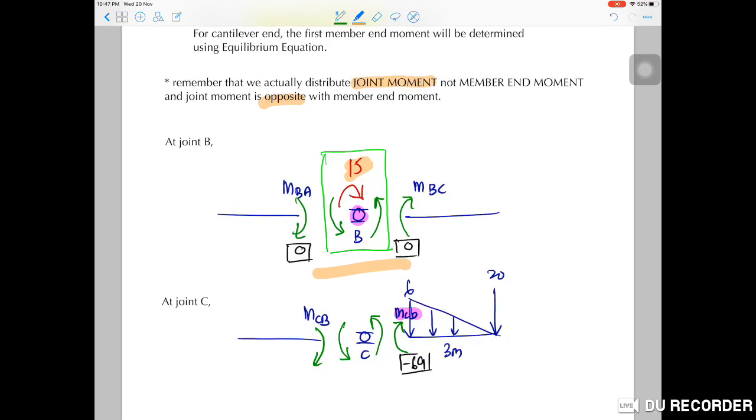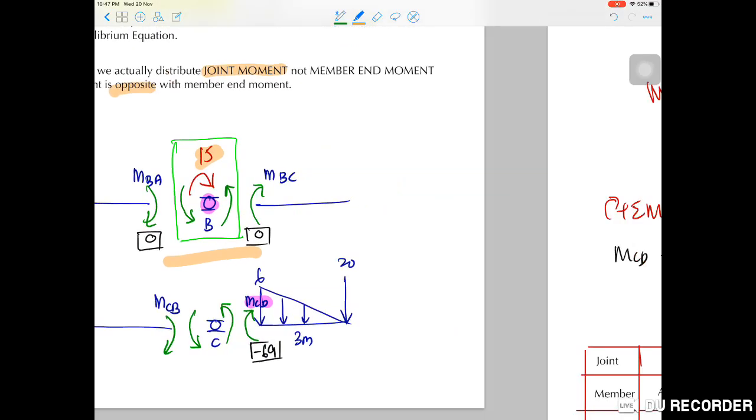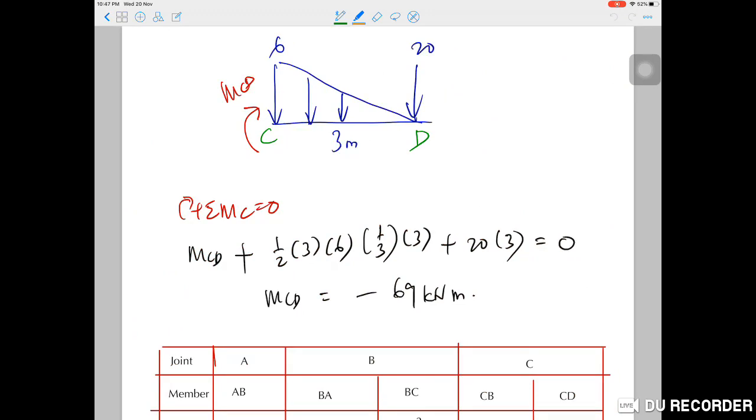And at joint C, what actually happens? Joint C gets the joint moment from MCD, and we calculate the value of MCD using the equilibrium equation, not the fixed end moment. So this is how we determine the value of MCD as the first member end moment value in the table.